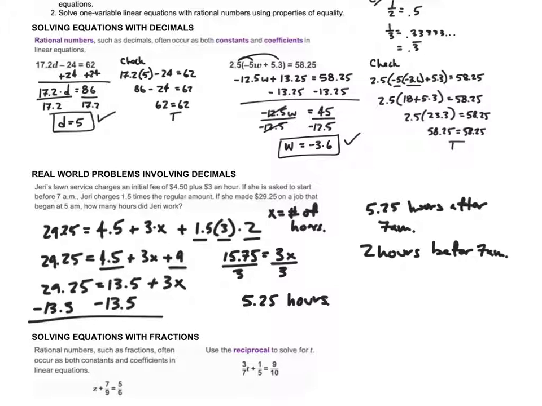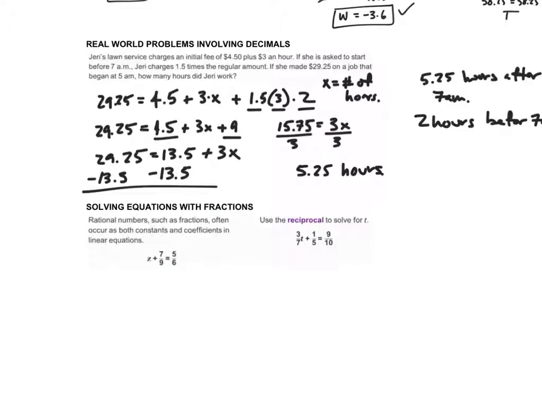How many hours did Jerry work? Total hours would be 7.25 hours. But because there is a discrepancy on what that question is asking: are we asking how many hours after 7 a.m., before 7 a.m., or total? Okay, so that's what we got.